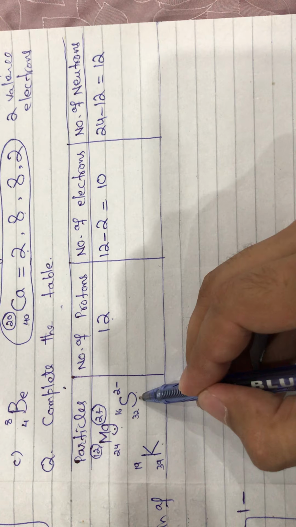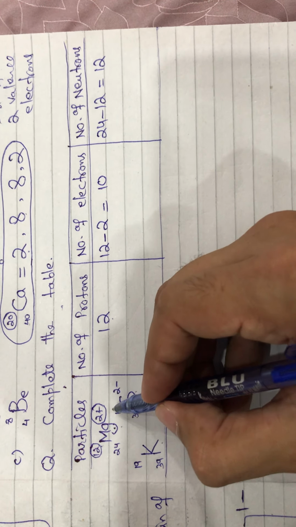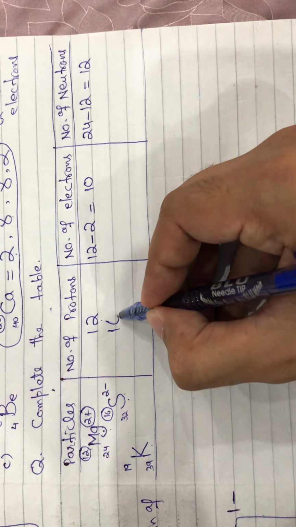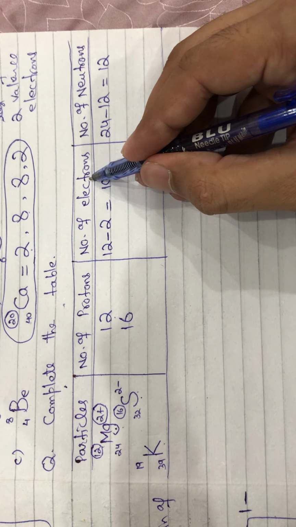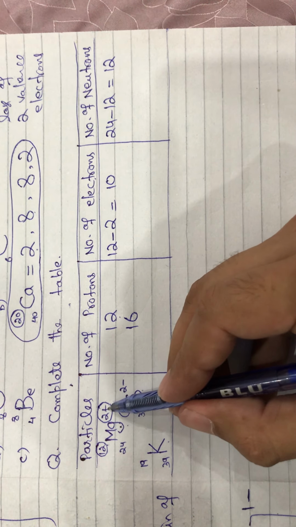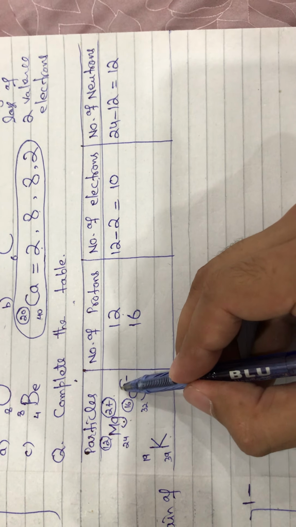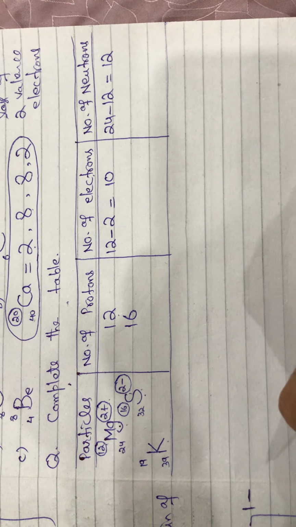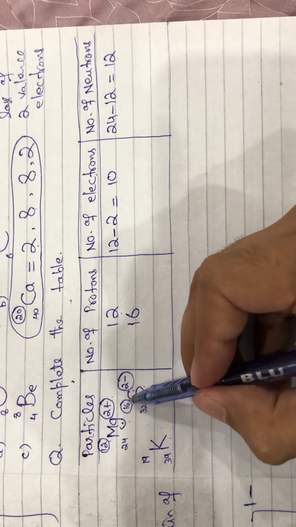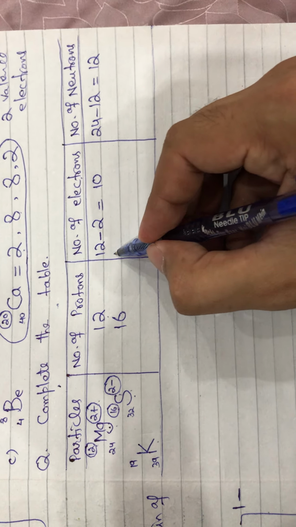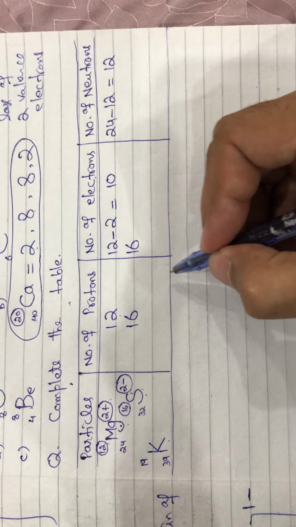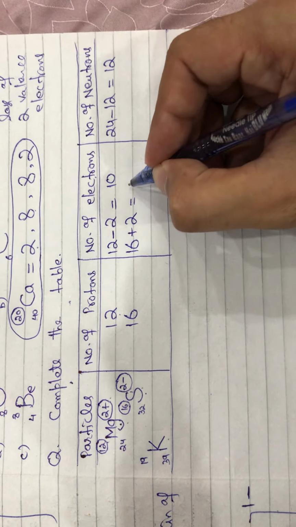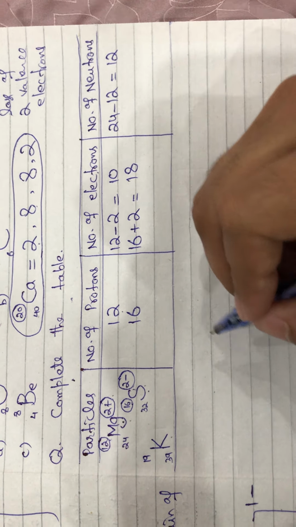For sulfide ion, how many protons are here? 16, because its proton number is 16. Now, what about the number of electrons? Here is the opposite case. 2 negative is the charge on the ion. It means that it has gained 2 electrons. Its own atom has 16 electrons, and it has gained 2 electrons, so in total it has 18 electrons.